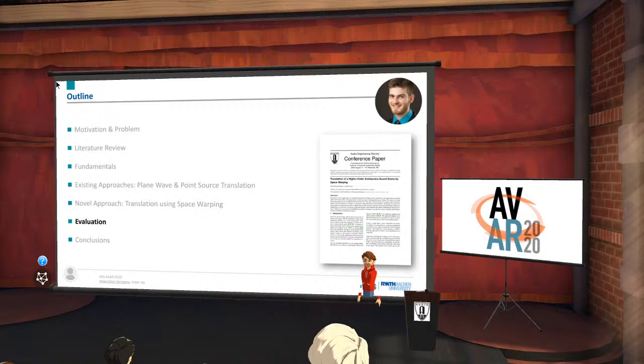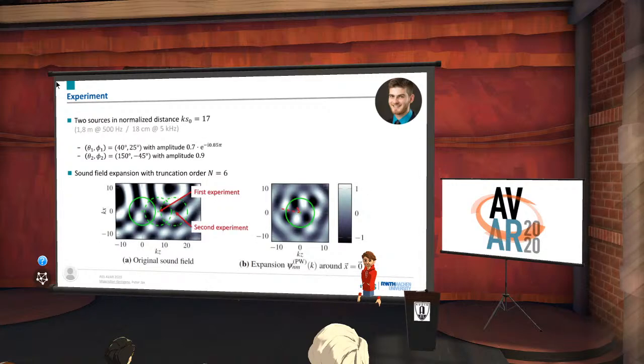And there we are already with the evaluation. We're doing a simple experiment where we have two sources in a normalized distance with k times S0 equal to 17, which means that, again, this is normalized, so at 500 Hertz the sources would be at 1.8 meter distance, and at 5 kilohertz, it would be 18 centimeters.